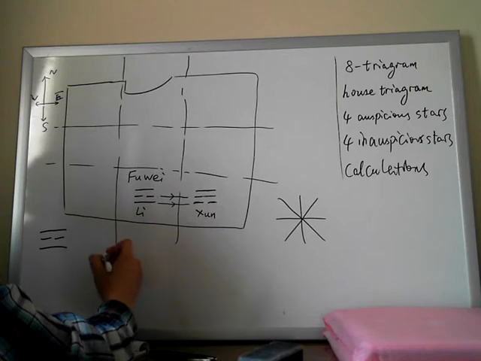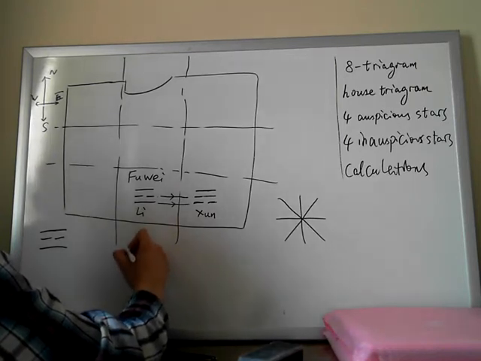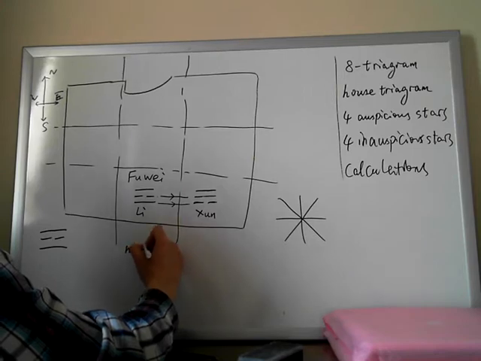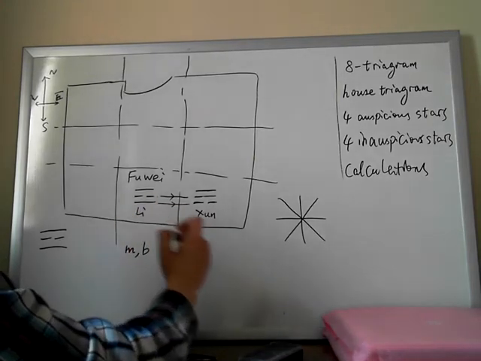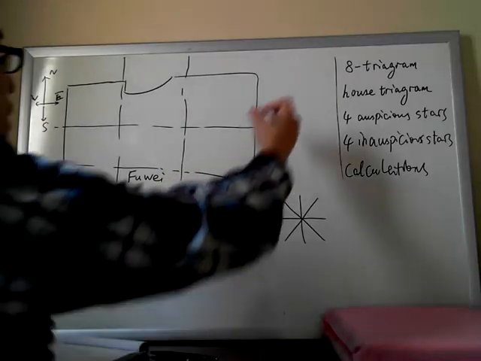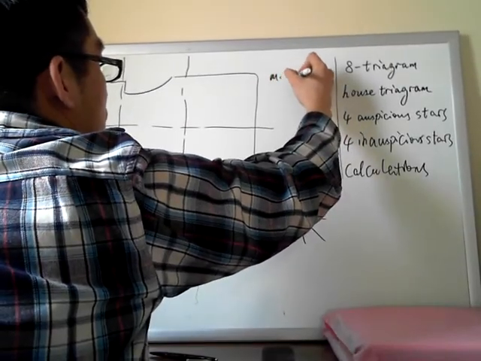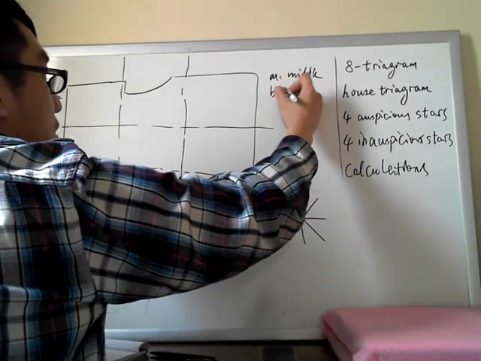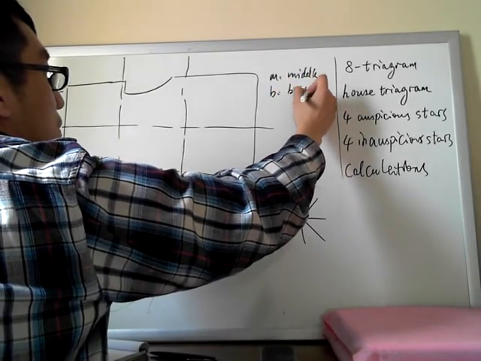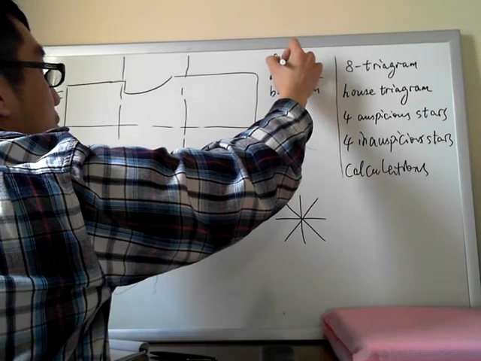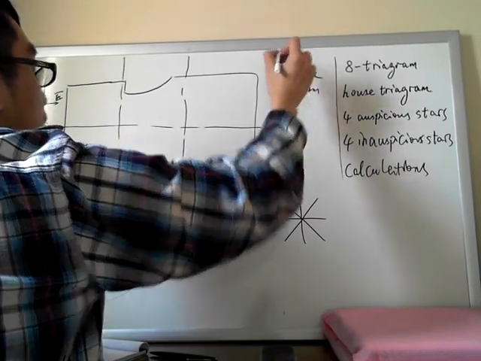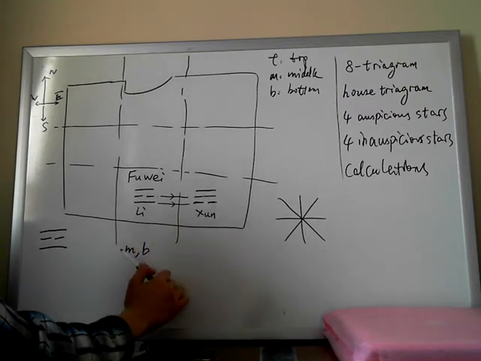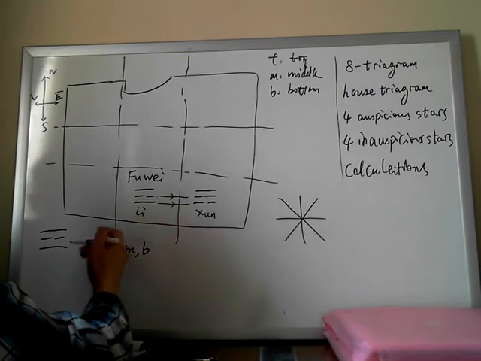So M means middle, B bottom, T top. There's a change in the middle line and bottom line, so this sector would be Tianyi.